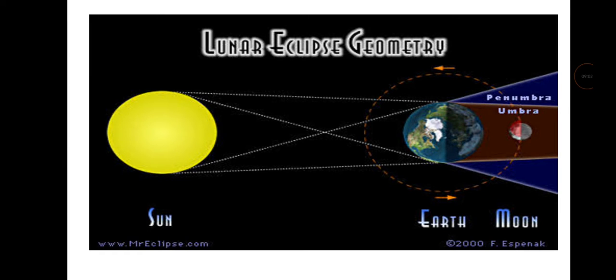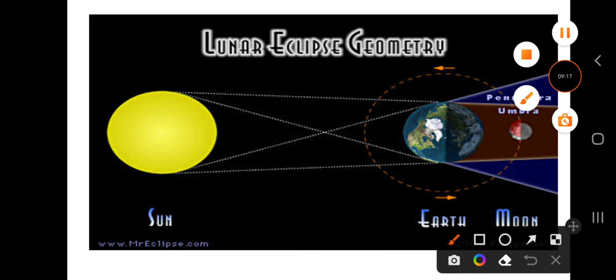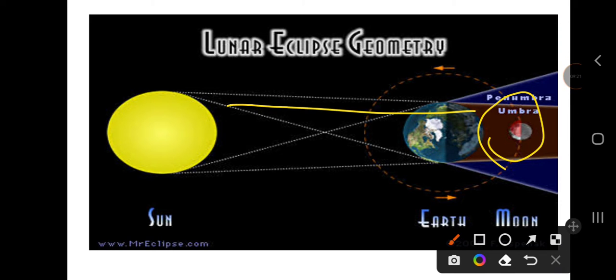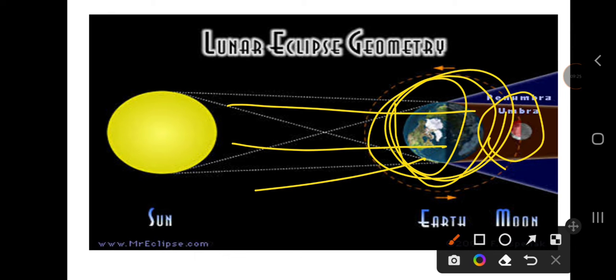So while movement, when the earth comes in between the sun and the moon, it blocks the rays of the sun. The rays do not reach to the moon. Rays of the sun do not reach there because earth comes in the middle.